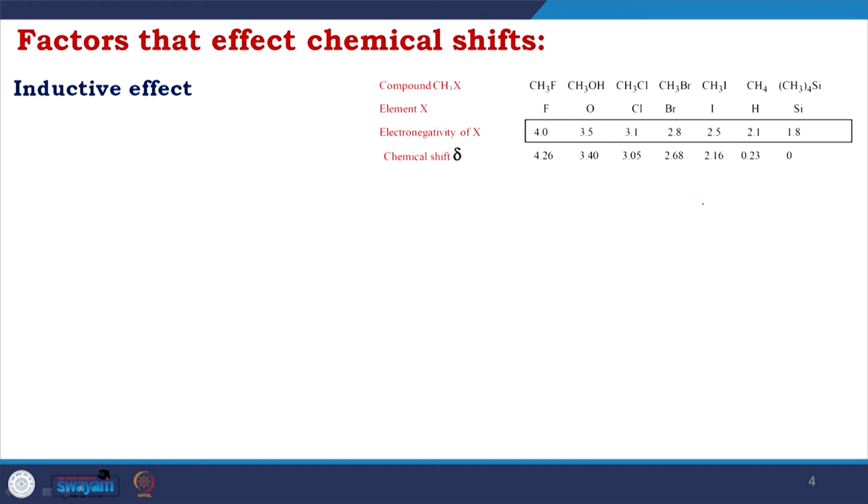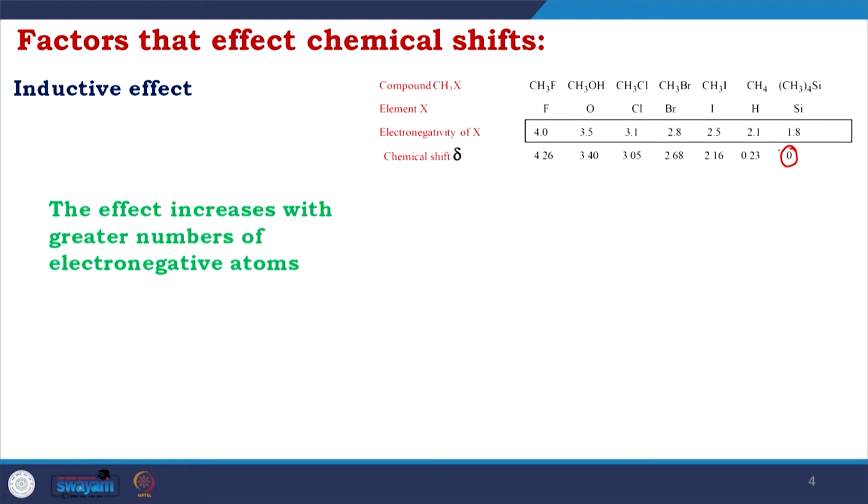The chemical shift is highest for fluorine, with the highest electronegativity, 4.26; for methanol, in the presence of oxygen, it is 3.4; CH3Cl 3.05; CH3Br 2.68; CH3I 2.16; CH4 0.23; and for CH3 whole 4 Si it is 0, which is why it is used as a standard.